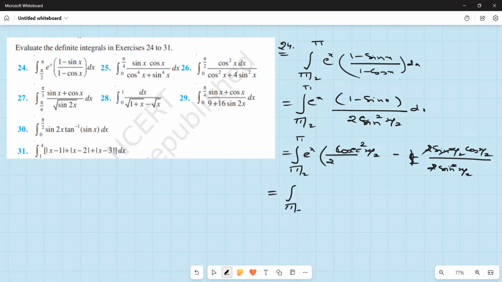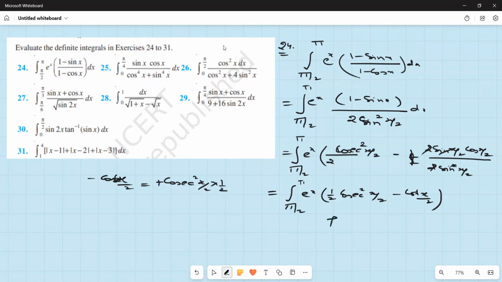So this is the integral from pi by 2 to pi of e^x [1 by 2 cosec square x by 2 minus cot x by 2], right? Now, what is the differentiation of cot x by 2? That will be minus cosec square x by 2 into 1 by 2. If I take the minus over here, isn't it becoming plus?